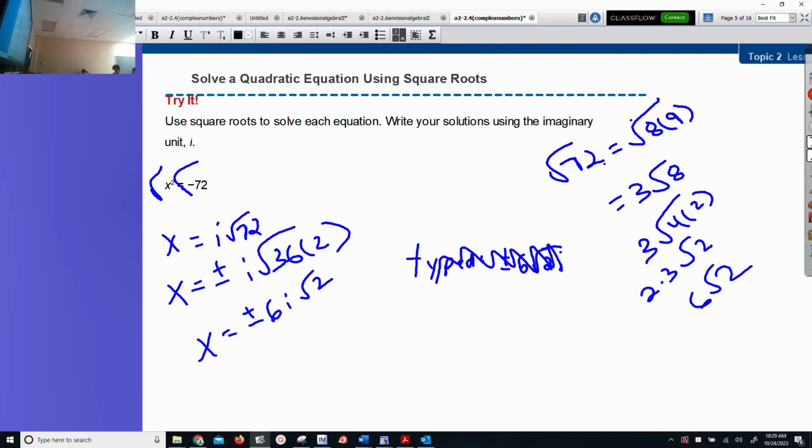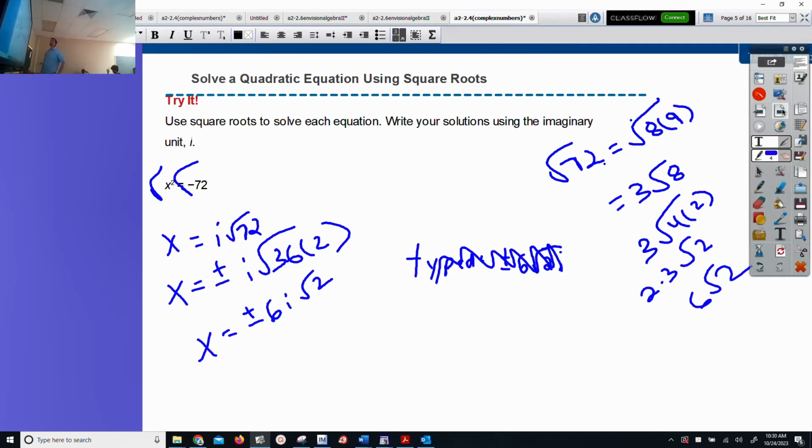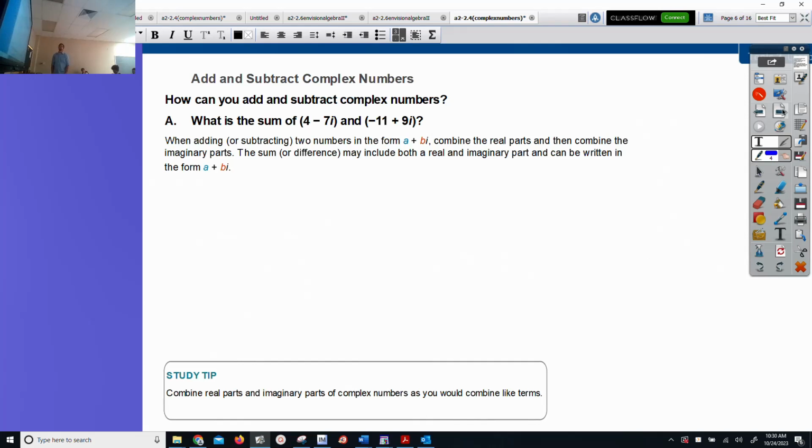All right, any questions on this? I think what's up next in your notes is probably adding and subtracting. What is the sum of -4 minus 7i and -11 plus 9i?